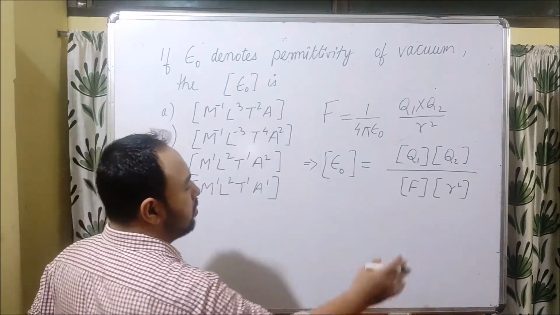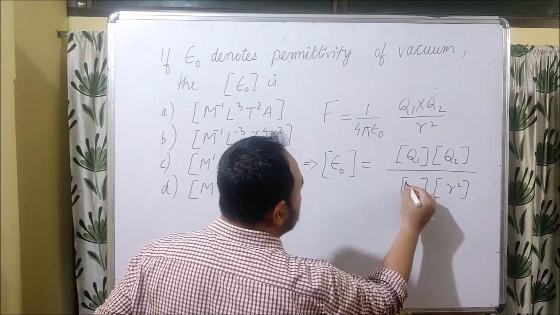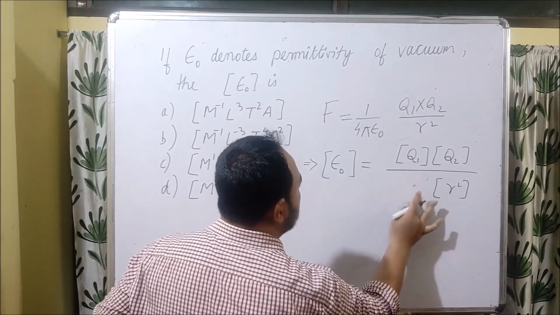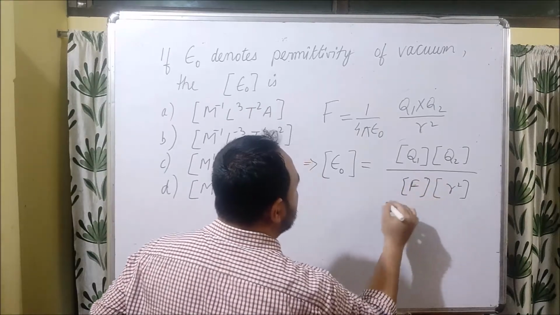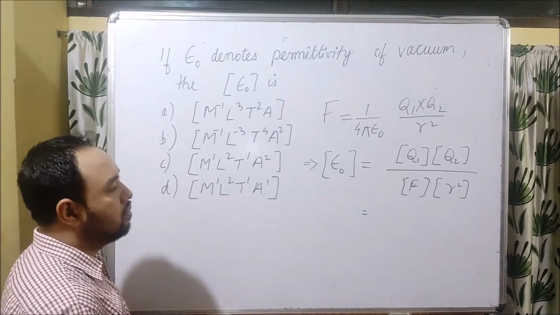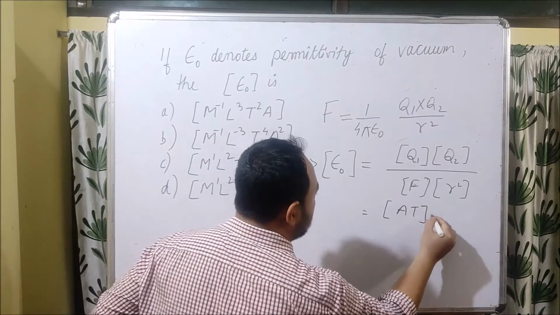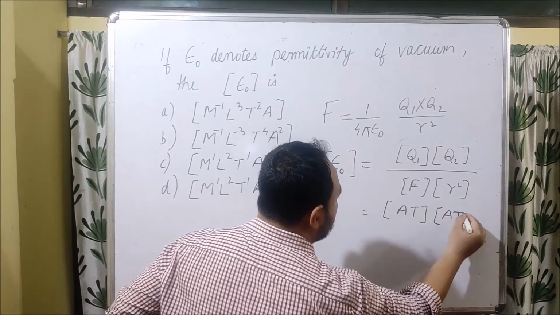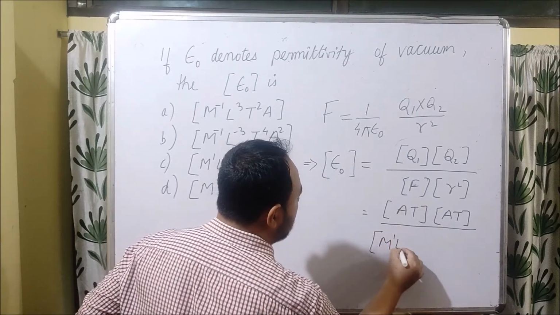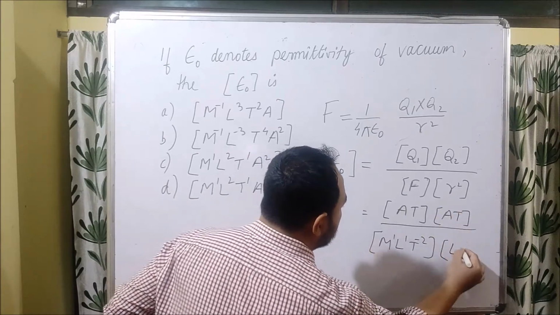Okay, so force also you can simplify it, but no need to write, you can write it down directly. So what is the dimensional formula for charge Q? It is AT, current into time, and for force it is m1 L1 t minus 2, for length L square.